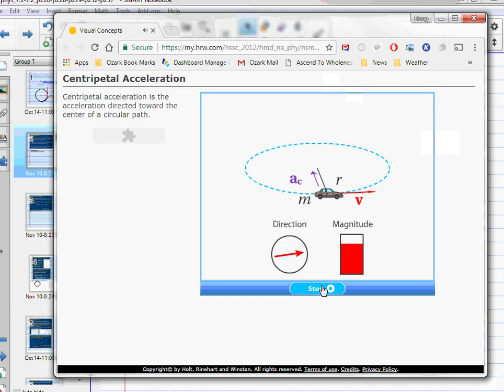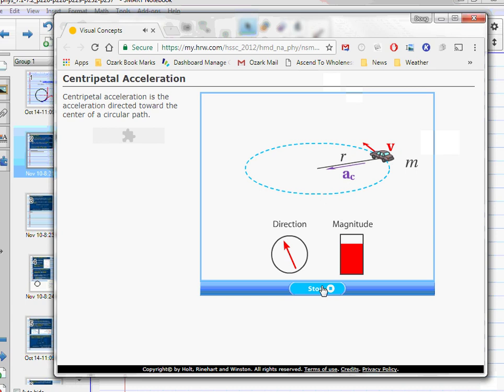A car moving in a circular path experiences acceleration even when the speed at which it is traveling remains constant. This is because acceleration depends on velocity, and velocity is a vector with both magnitude and direction. When the car moves in a circle, the direction of the velocity vector is constantly changing. Therefore, the acceleration, or change in velocity over the change in time, is also changing.